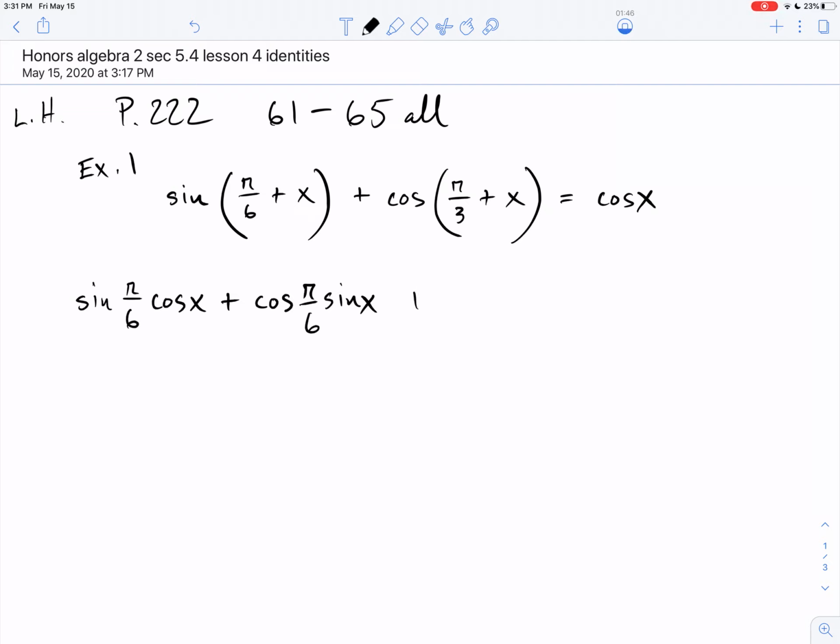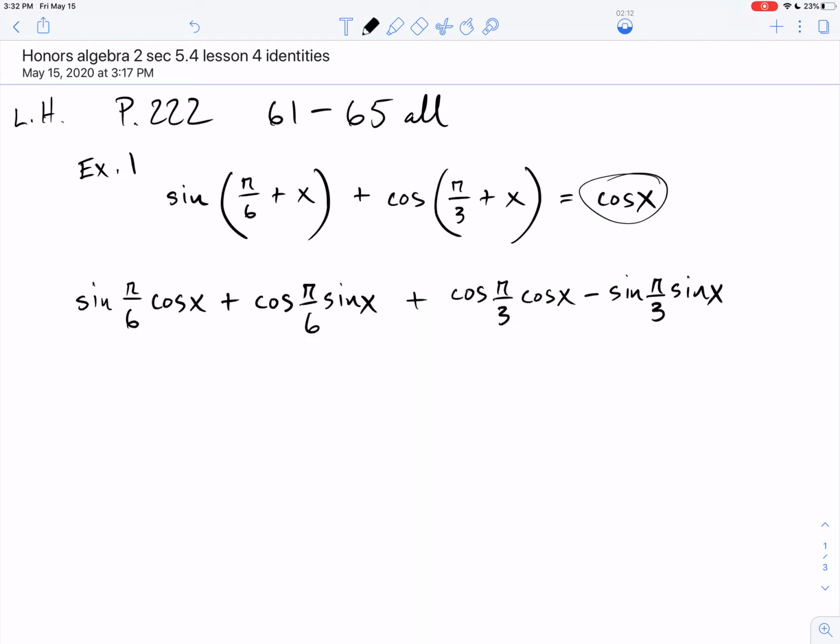I'm going to be adding it to, now I'm going to do cos-cos. So cosine pi over 3 cosine x minus sine pi over 3 sine x. This whole thing is left hand. What am I shooting for? That. So I don't have that much room. I got to write where I can.